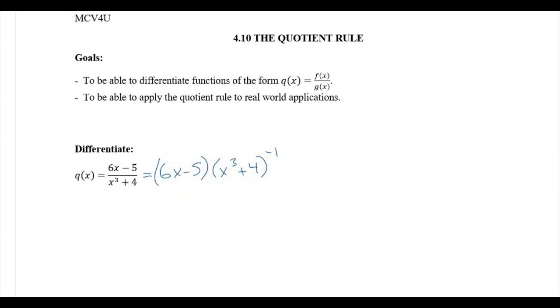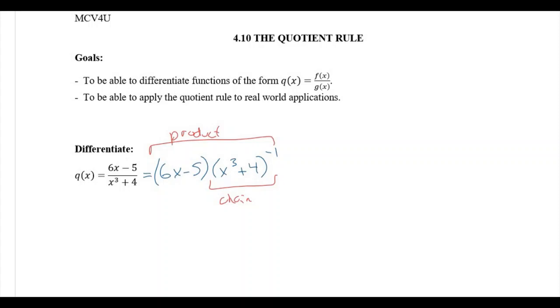Looks like overall it's a product rule problem. Remember, now that we have started to learn multiple rules, we may have to use more than one in a problem. So we always have to look and figure out what the biggest rule is that we're going to have to use. So overall, this is a product problem, but we can differentiate this part using chain rule.